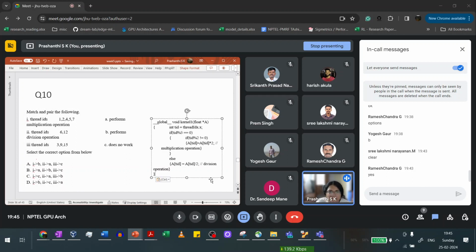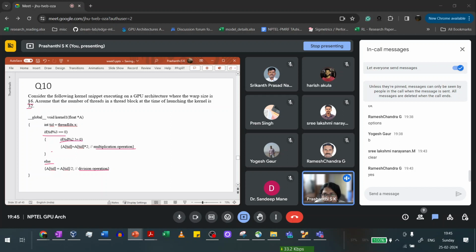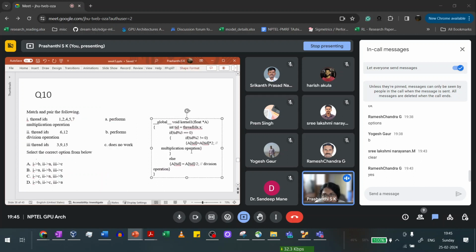Yeah, this is the best I can do. Hopefully it's still visible. So all you need from the previous slide is warp size is 16 and number of threads in a thread block is 32. So now here is your kernel and here are your options. Again, this will take some time, so take your time to work it out.